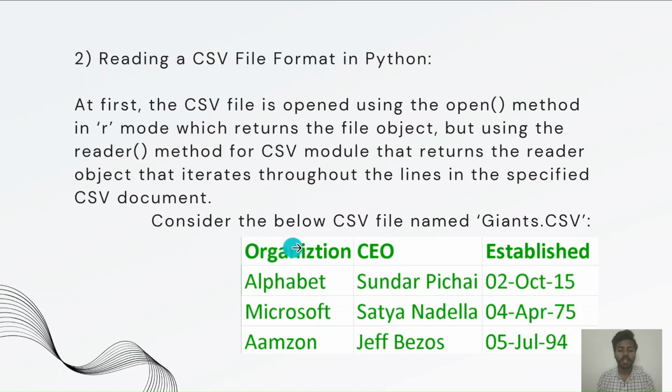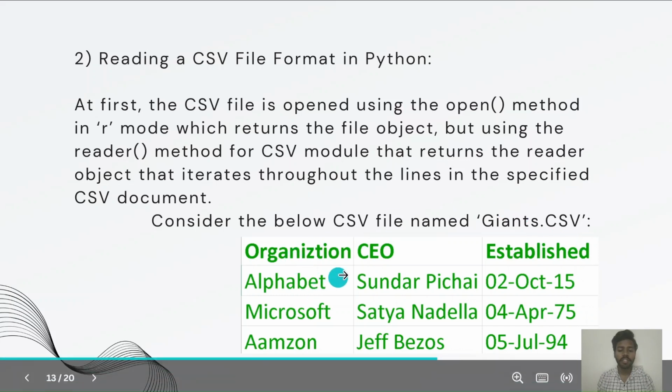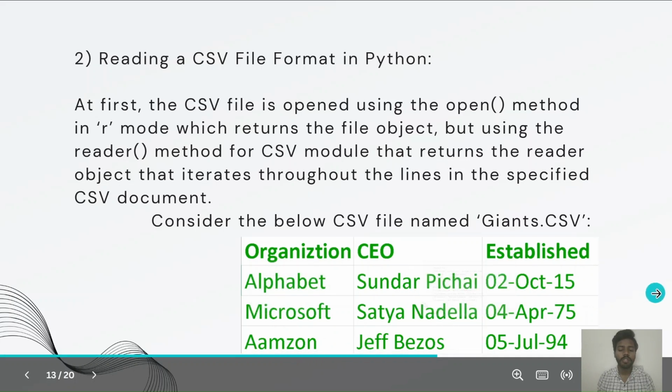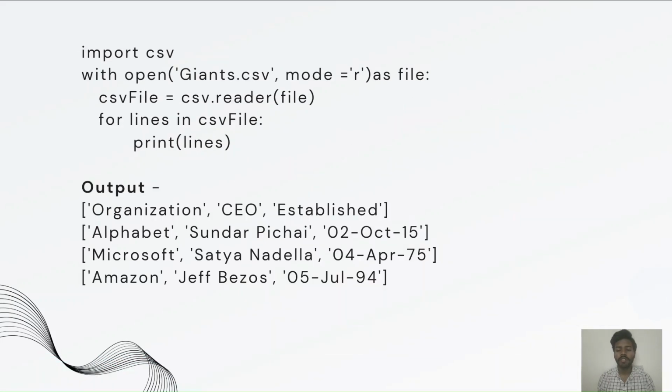For example, consider the below CSV file named gents.csv: Organization, CEO, Established. Alphabet, Microsoft, and Amazon are the organizations, and Sundar Pichai, Satya Nadella, and Jeff Bezos are the CEOs with their respective established dates.